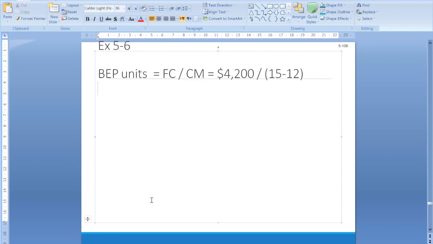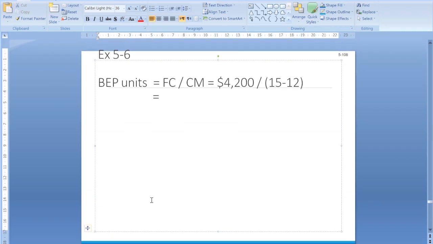And the answer will be what? The answer is 4,200 divided by 3.